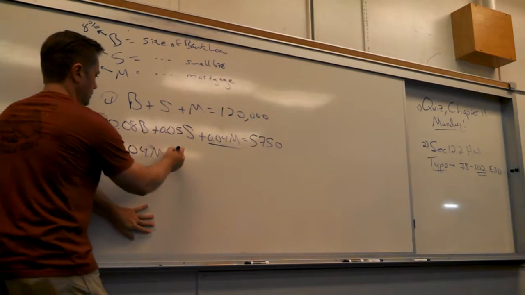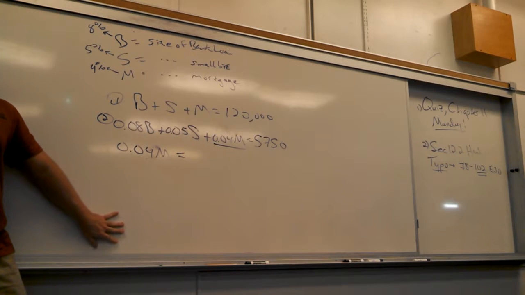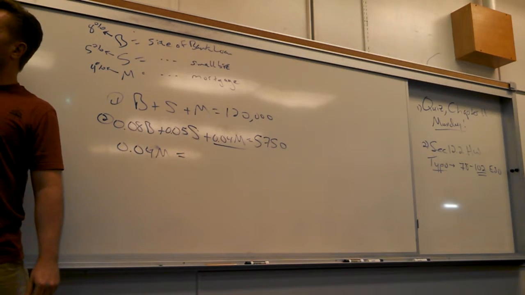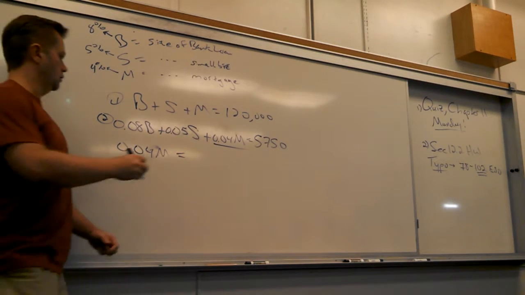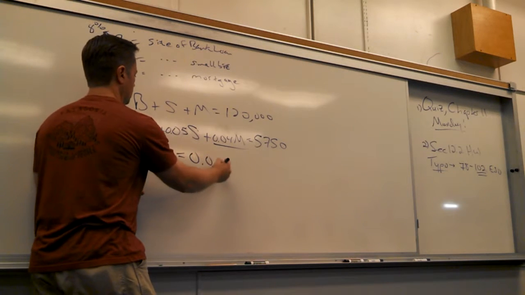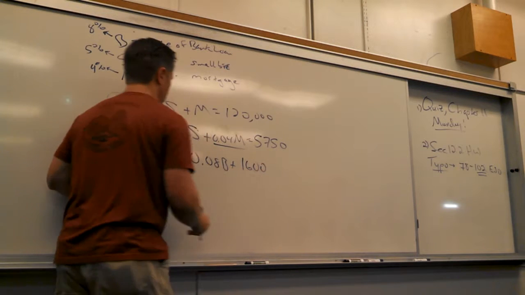Was, that's a key word for equals, right? Was also equals. $1,600 more than the interest on the bank loan. So the bank loan was 0.08, and then that would be $1,600 more.